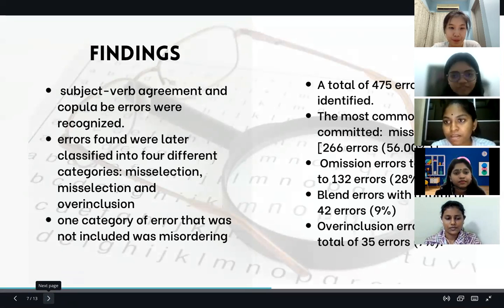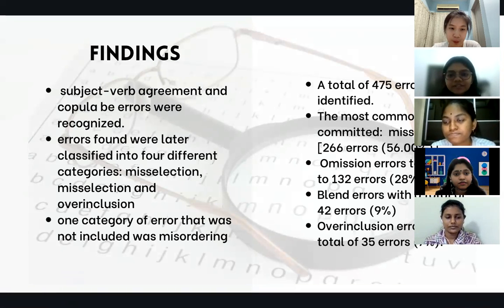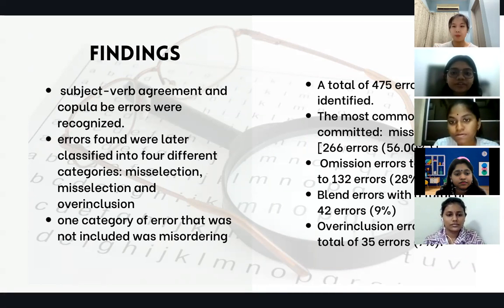Now we'll be looking at the findings. The learner writing was analyzed and the subject-verb agreement and Copula BE errors were recognized. The errors found were later classified into 4 different categories: misselection, omission, blend errors, and over-inclusion. However, one category of error that was not included is misordering, because there were no errors in this category.